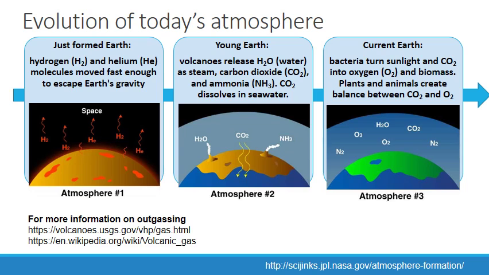And the first bacteria probably didn't use water because it wasn't around in meaningful ways. It probably used hydrogen sulfide, or H2S, as the source of hydrogen rather than water.